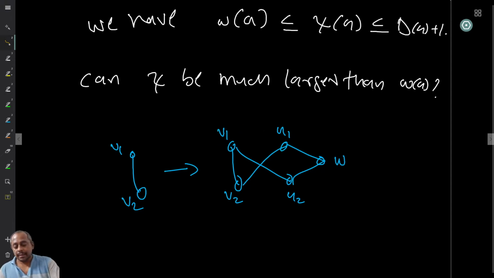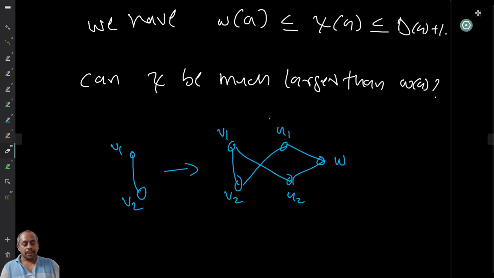That's the color C. Because all the neighbors of V1 get colors different from C, all the neighbors of U1 also get a different color. So U1 will not create any problem with the color. This I can do for any Ui.